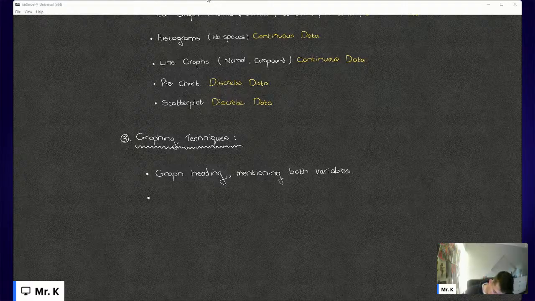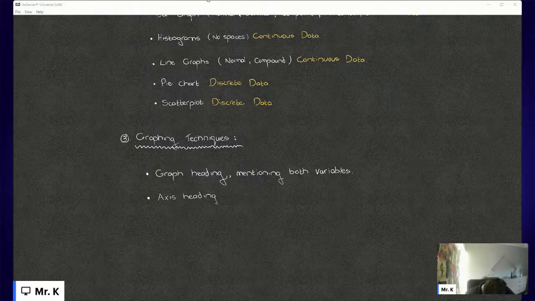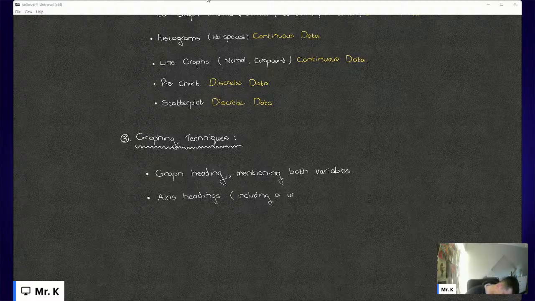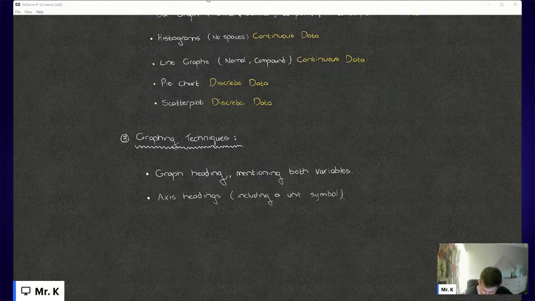Right, next, I need to have axes headings. Right? You must include a unit symbol when you do this. I'll show you an example of this in a second.